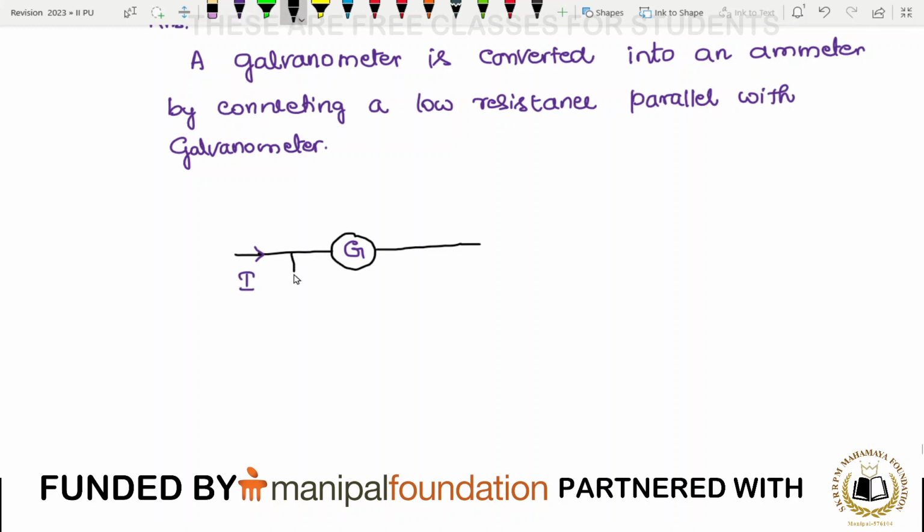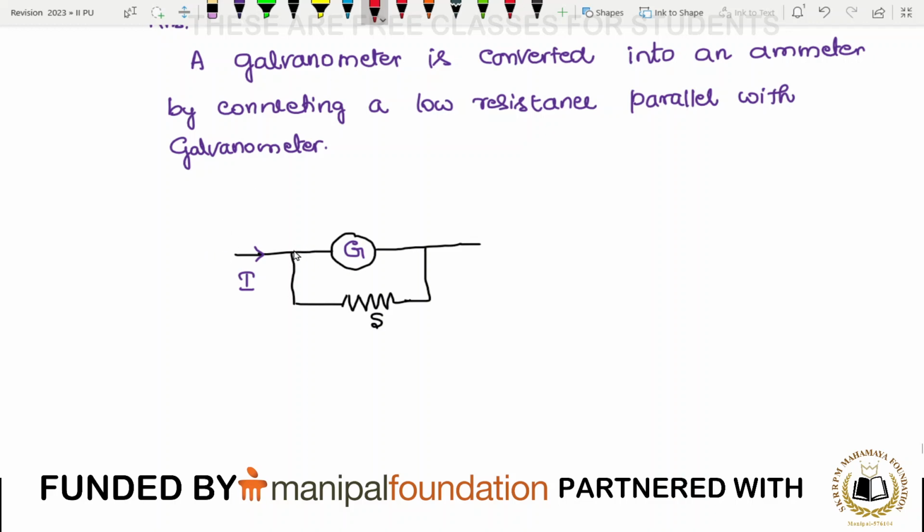Now I'll connect one small resistance in parallel with the galvanometer. That resistance is known as shunt resistance.